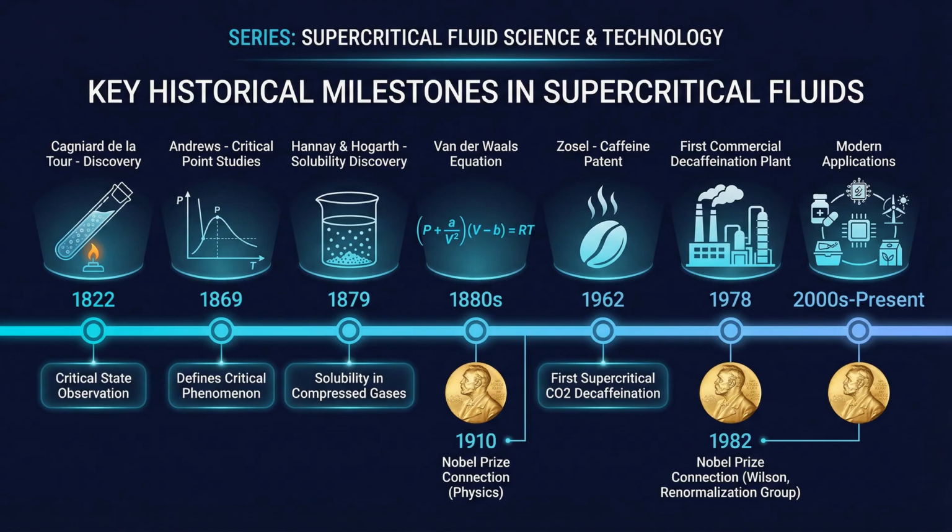Van der Waals' equation of state, which earned him the Nobel Prize in 1910, provided the theoretical framework. Commercial applications began in 1962 with Kurt Zosel's caffeine extraction patent, leading to the first industrial decaffeination plants in the late 1970s. Today, supercritical technology is a multi-billion-dollar industry.